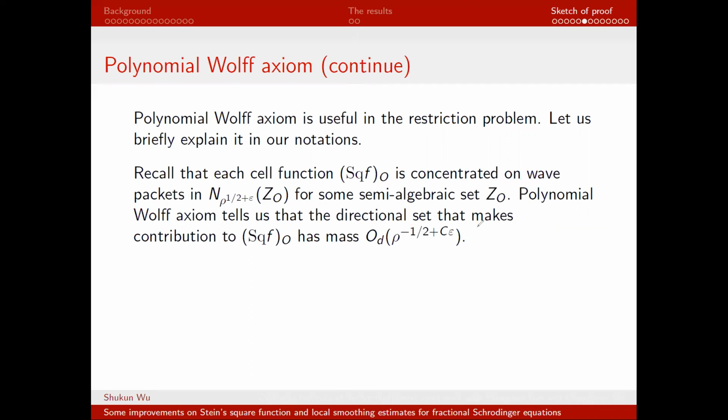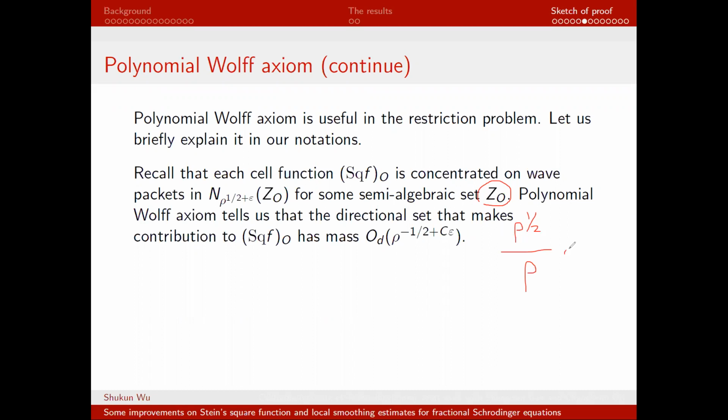By this, I mean, all the directions that are restricted to the same neighborhood of the variety is rho half. And all possible directions for any tubes is rho.